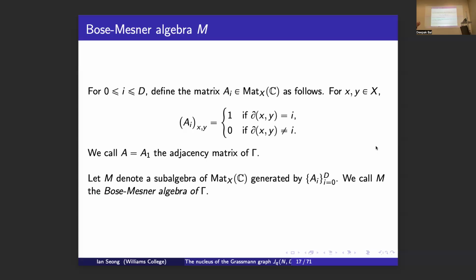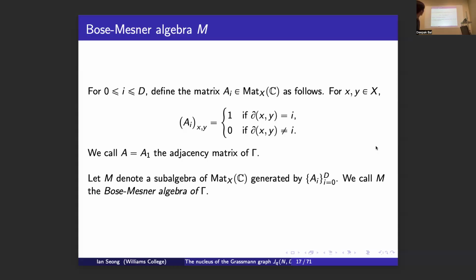One thing to note is that if i is equal to 1, we usually call this the adjacency matrix. We let M denote the subalgebra of Mat_X(C) that is generated by these matrices A_i, and we call M the Bose-Mesner algebra of gamma, named after Bose and Mesner.